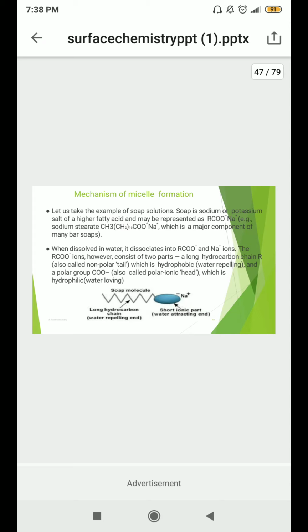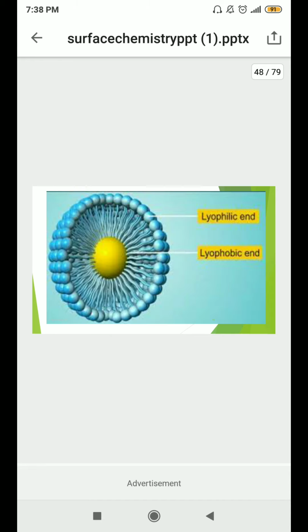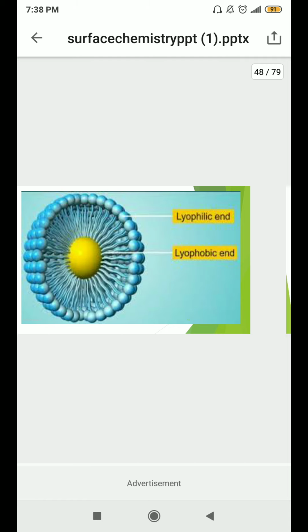The long hydrocarbon chain dissolves in oils and stains, and ultimately helps to remove the stains. Here you can see a wonderful picture through which you can understand there is a lyophilic end and the lyophobic end of a soap.